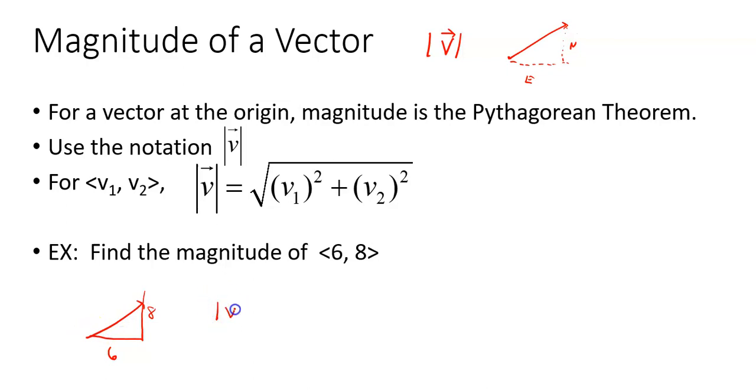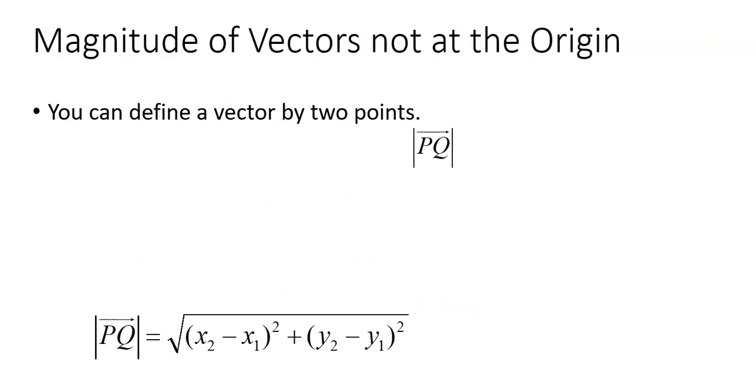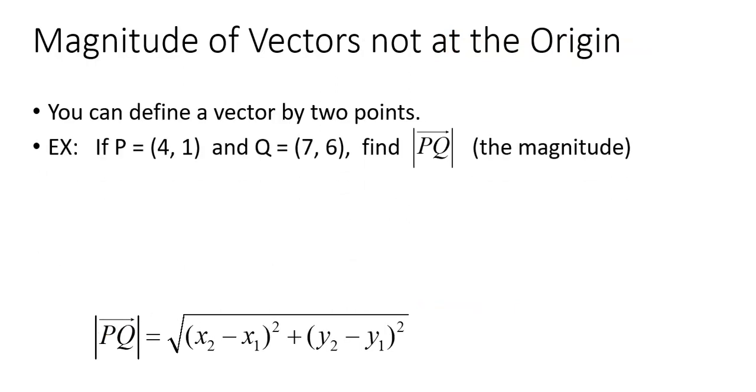So the magnitude of that vector is going to be the square root of 6 squared plus 8 squared, which, if you recognize this as a Pythagorean triple, is 36 plus 64, the square root of 100, which is 10. So rather than walking 6 units to the right and 8 units up, you could just take the shortcut and walk 10 units.